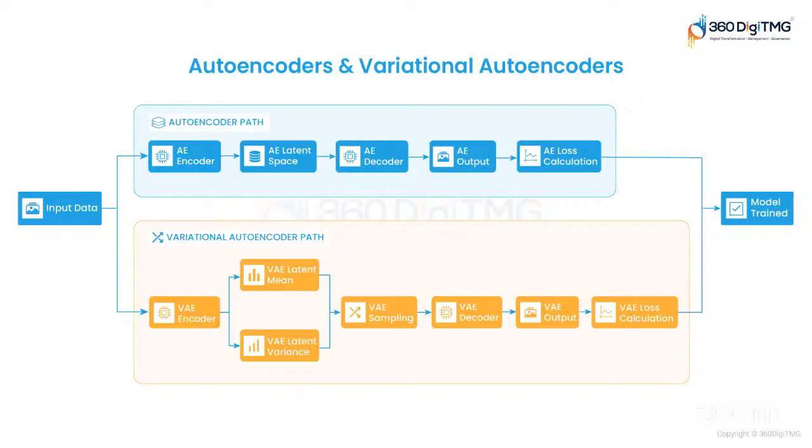To sum up, let us understand what is in the autoencoder versus the variational autoencoder. Autoencoders are a compression and decompression technique. The encoder compresses the input to form a latent space representation, and the decoder decompresses it to form the output.